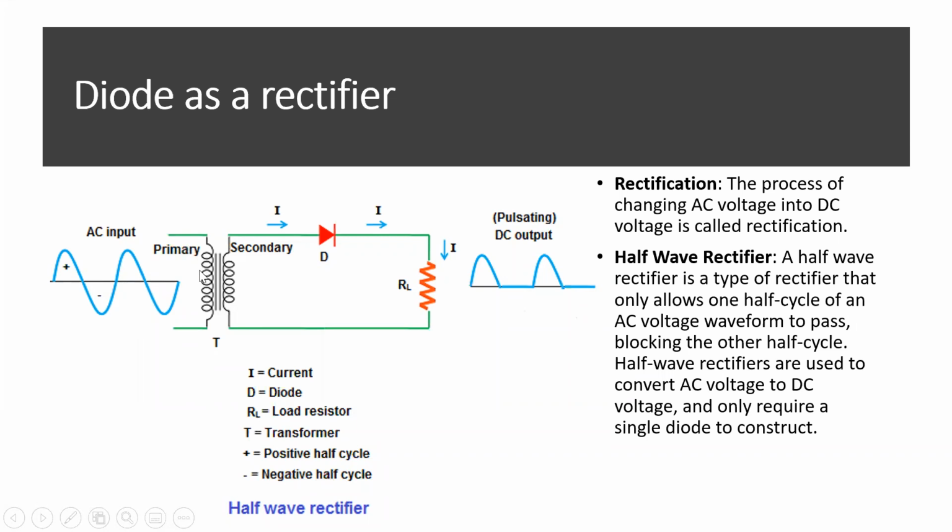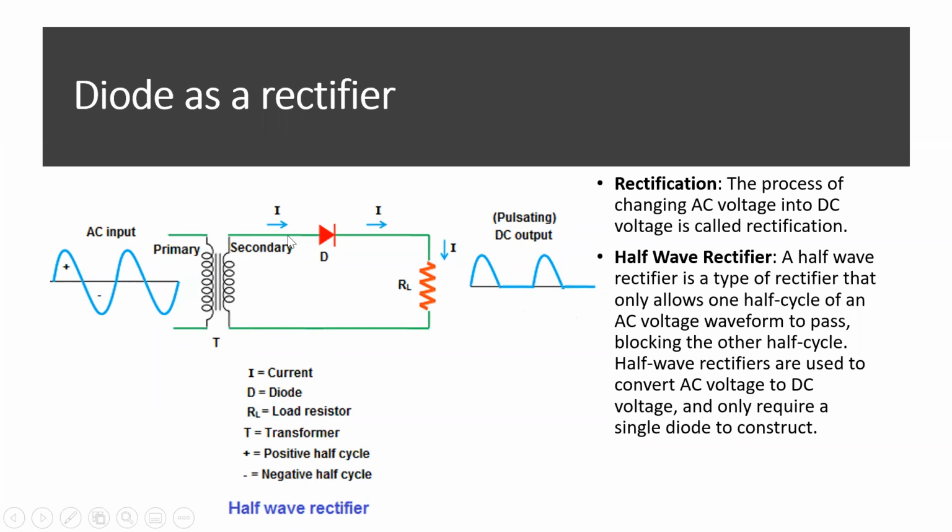Now when you pass it through a transformer, here you can see the primary has more turns than the secondary. So this is a step down transformer. When you apply a high voltage here, you will get a low AC voltage here. So the voltage is reduced using this transformer.